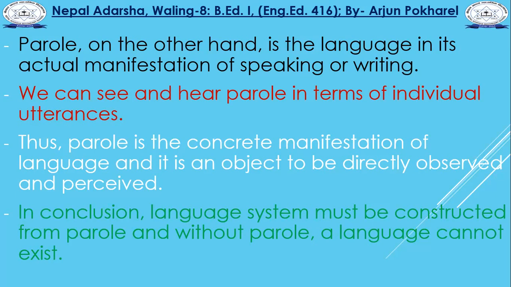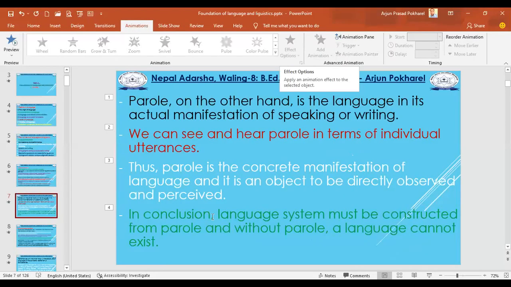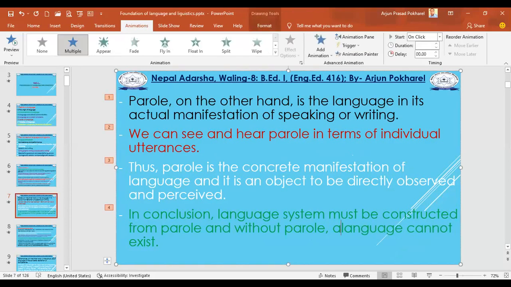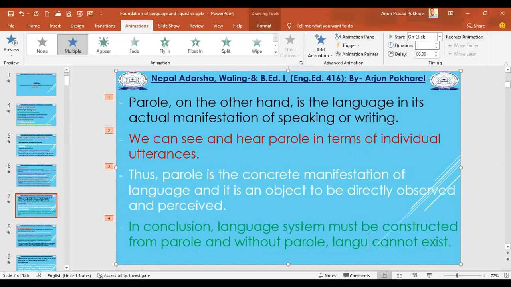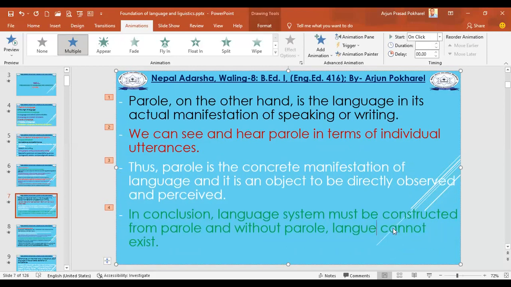That's why language system must be constructed from parole. And without parole, lang cannot exist. You can say without parole, lang cannot exist. Okay, in this way you can do.